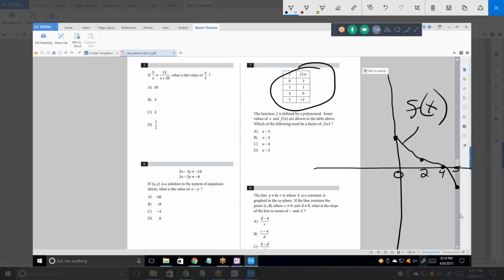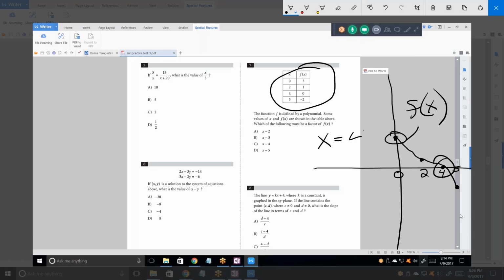No, 0 is always on the x-axis. This point is the y-intercept, but it's not the 0. The 0 is where it crosses the x-axis. So where does it cross the x-axis? That's where it crosses. That's at 4.